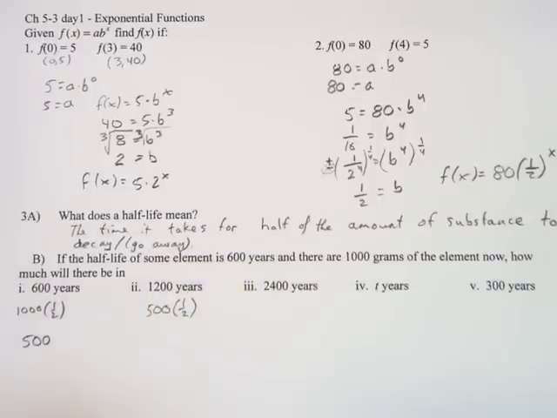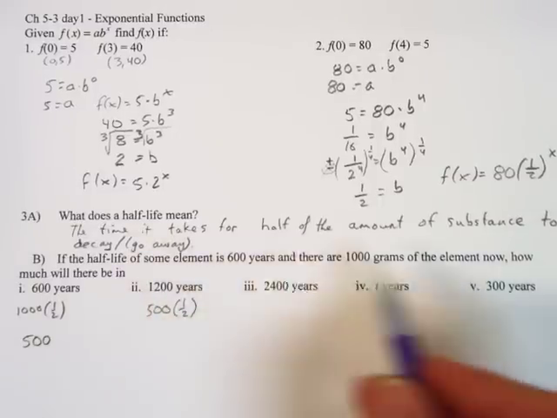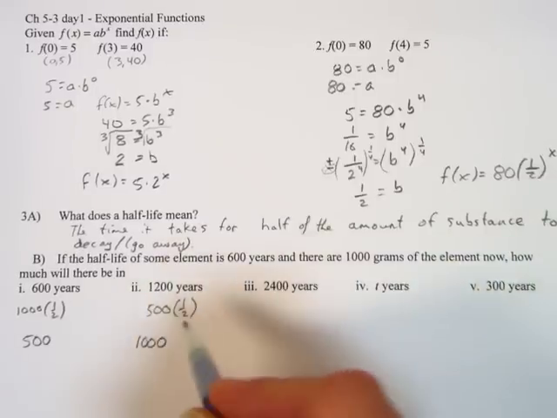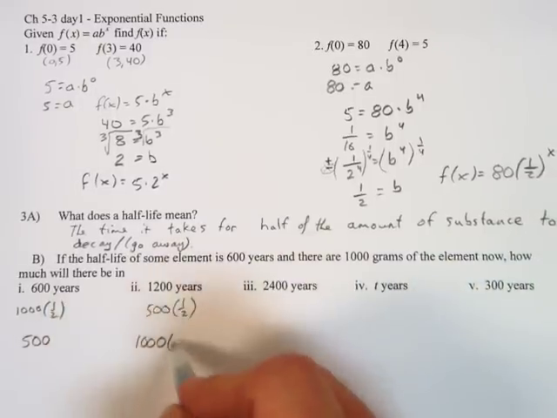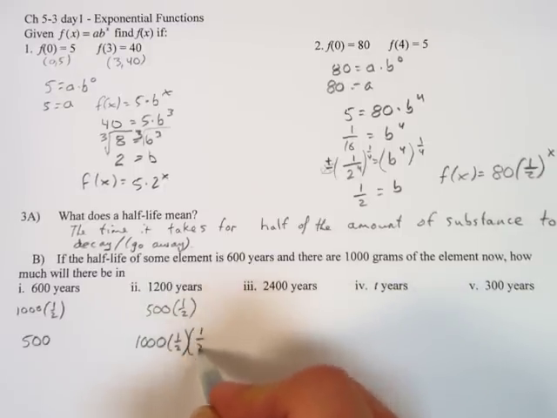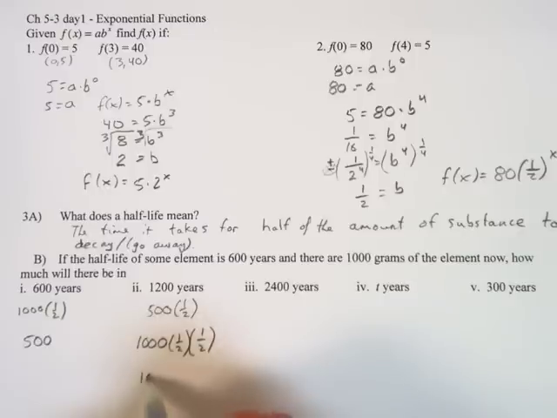But instead of that, what we could also do is start from the beginning. From the beginning, we had 1,000. After 600 years, we had one half-life. And after another 600 years, we have a second half-life, or in other words, 1,000 times 1/2 squared.